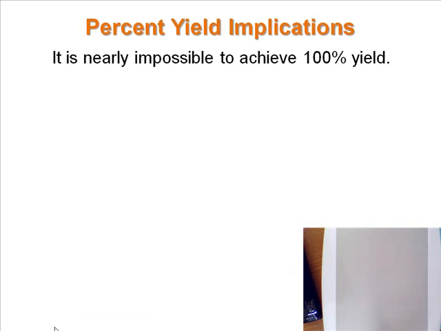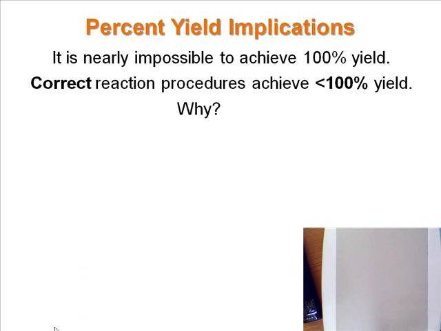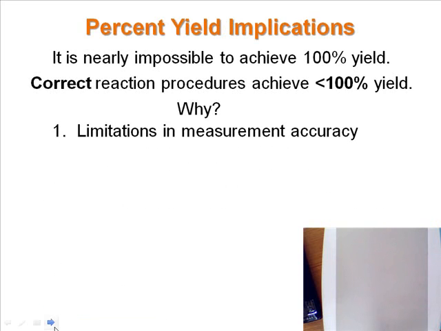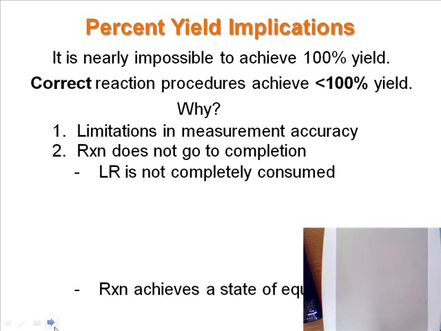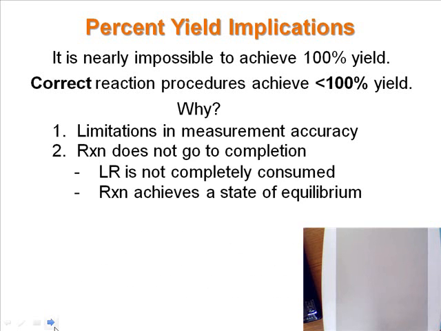Now, as it says, all reactions in reality never give you the amount you should have. Why is it always less than 100%? Well, you may not have measured out the reactants properly. The reaction doesn't go to completion. LR, the limiting reagent, does not get completely consumed, or it reaches a state of equilibrium, which is an idea that's coming up in a couple units.